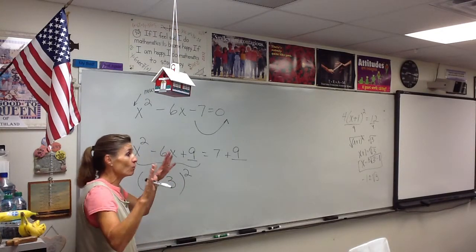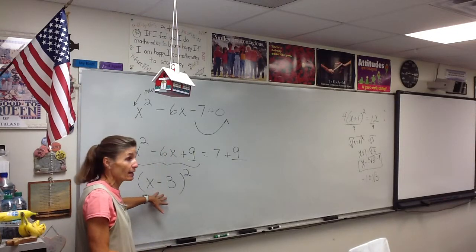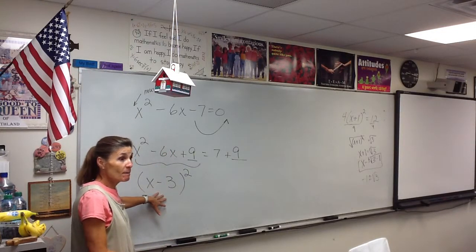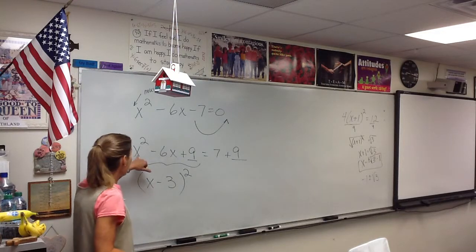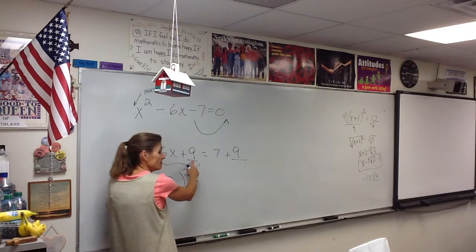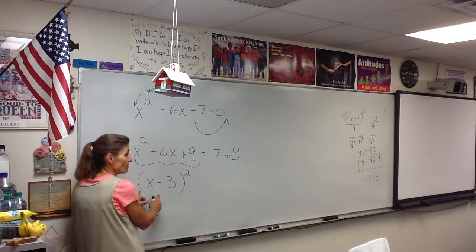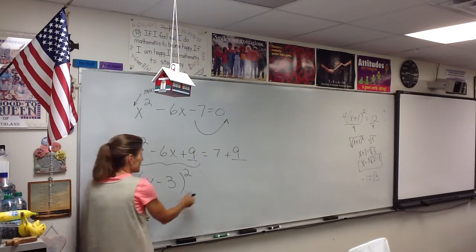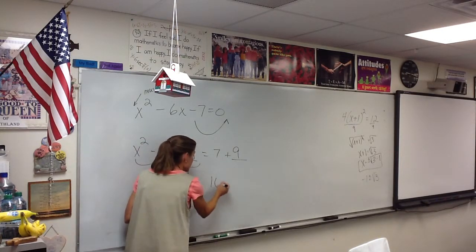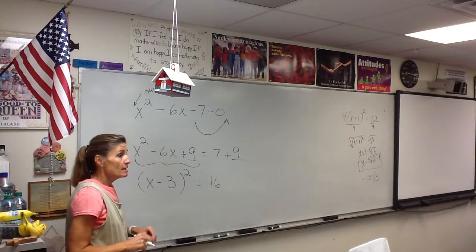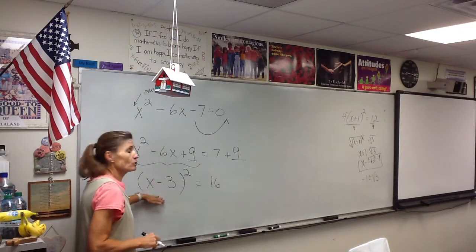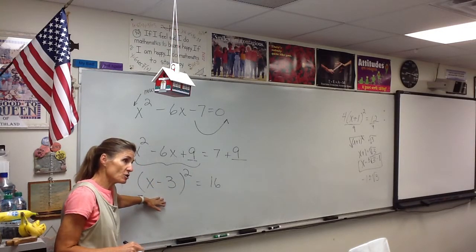All I hear is this deep voice saying x minus 3. That is correct. It is (x minus 3) squared equals 16. Now, kids, this looks exactly like the problems we just finished.